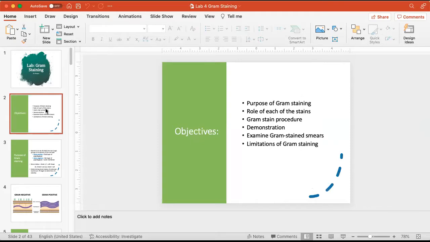So our objectives today are shown on this slide. First, we're going to talk about the purpose, why we would bother gram staining a particular bacterial sample. We'll talk about the role of each one of the stains in this procedure. We'll talk about the actual procedure step by step. I'll demonstrate it for you.